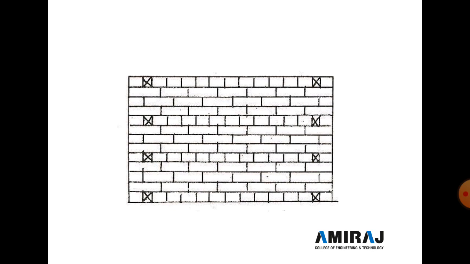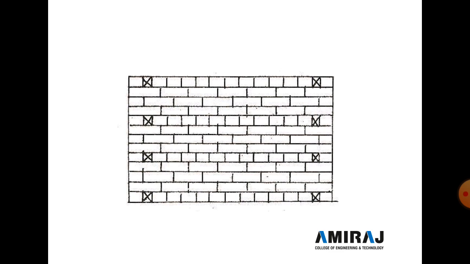Now see this figure. This garden wall bond looks like the English bond. We put a layer of headers, then after 3 to 4 layers of stretchers, another header layer is provided. So the garden wall bond is near to the English bond.